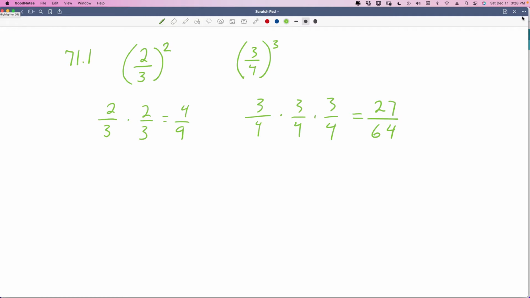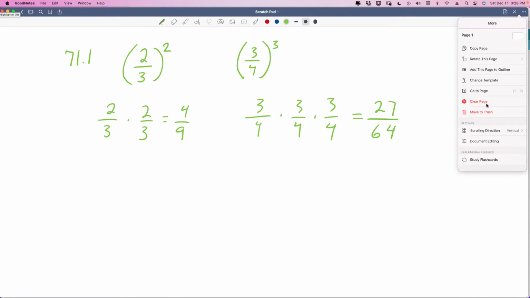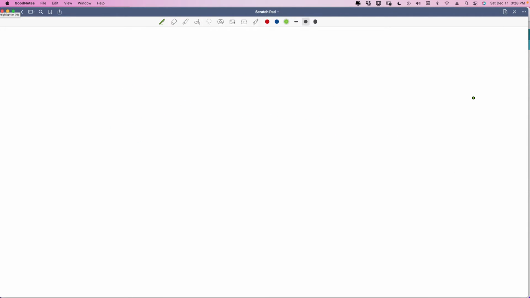Let's look at roots of fractions. I'm going to clear the page. When we use the radical sign like this, right, and we have a little number here and a number of, let's say, 8, any number under here, we say what number used as a factor 3 times equals the given number.